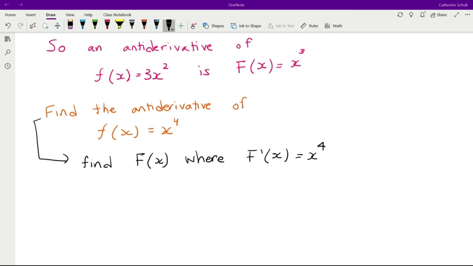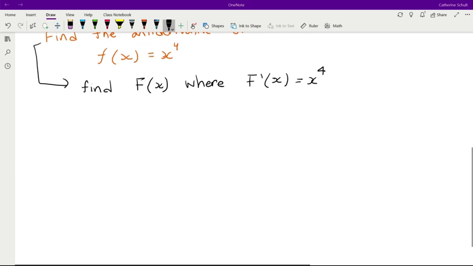All right, well, let's think. This is a power function. Let's go back up to the earlier example. When we take the derivative, we bring the exponent down and then we subtract 1, and we would get 3x squared. So if we're going the opposite way, from f to the antiderivative, instead of subtracting, we'll go like this.